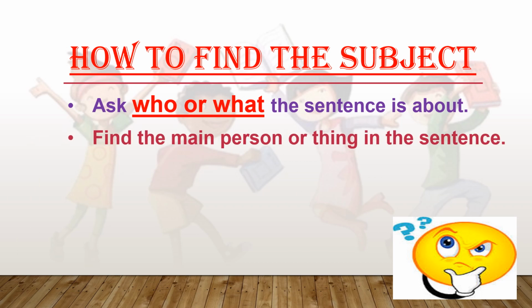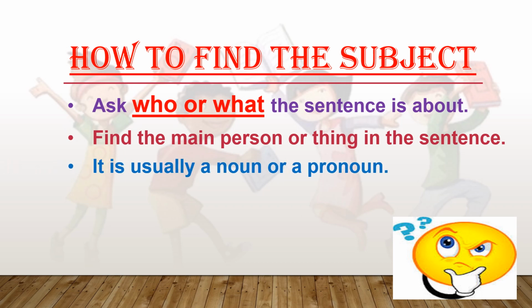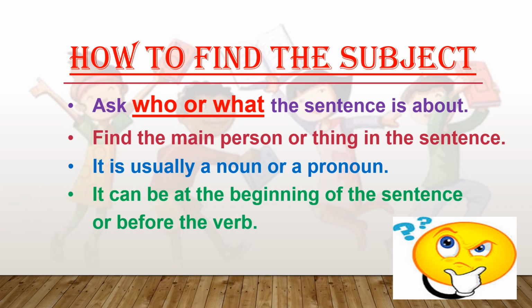Find the main person or thing in the sentence. That is the subject. Subject is usually a noun or a pronoun. Subject can be at the beginning of the sentence or just before the verb, that is the action being done. Just use these simple tips and I'm sure you all will be able to find out the subject in the sentence.